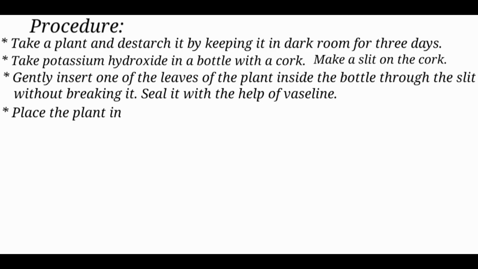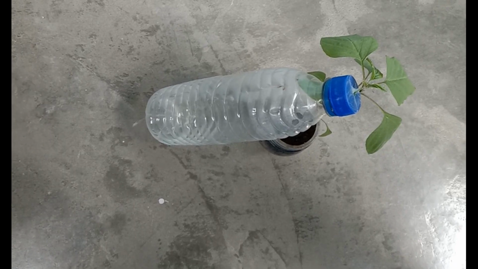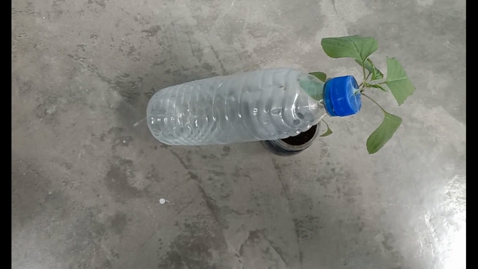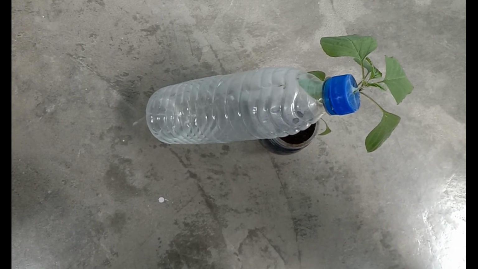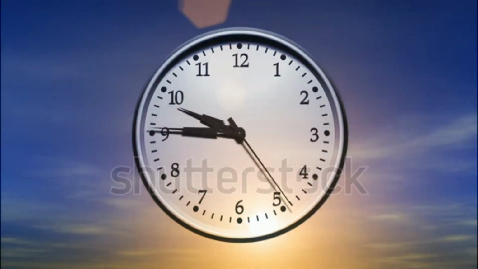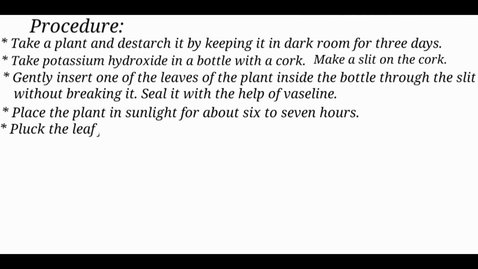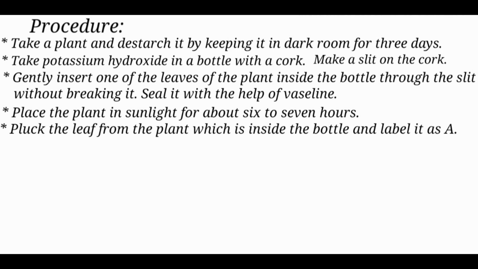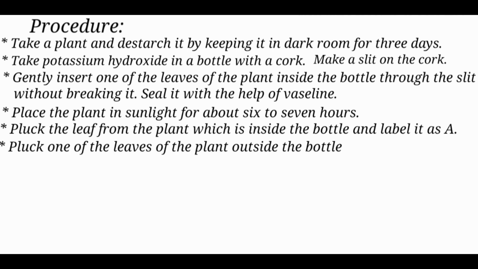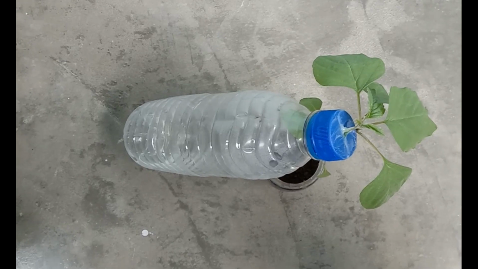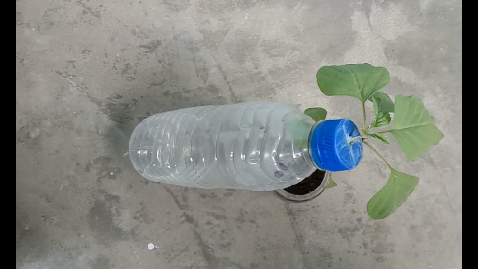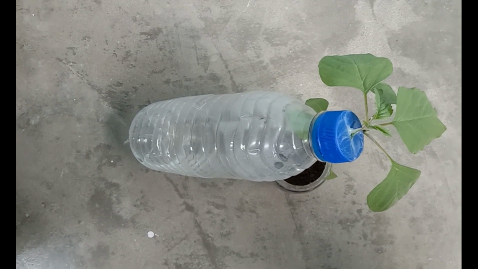Place the plant in sunlight for about 6 to 7 hours. I am going to keep this plant in sunlight for 6 to 7 hours. Pluck the leaf from the plant which is inside the bottle and label it as A. Pluck one of the leaves of the plant outside the bottle and label it as B. 7 hours has passed since I have kept this plant in the sunlight.